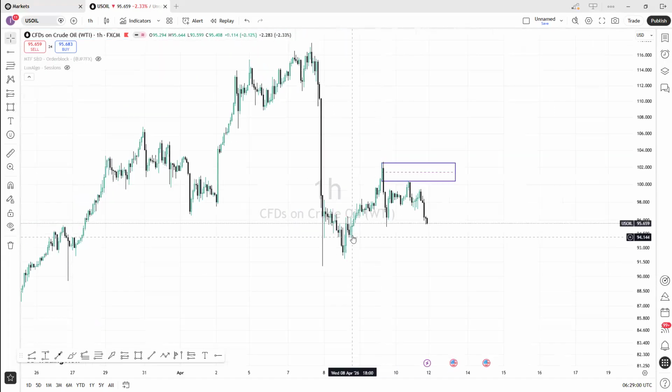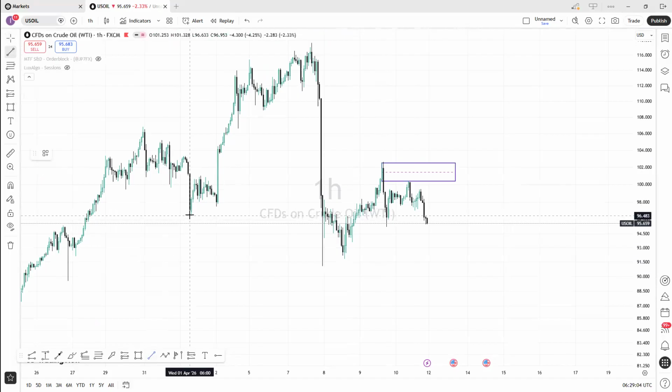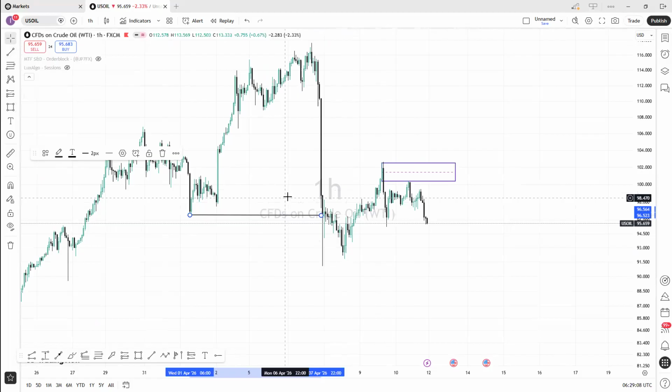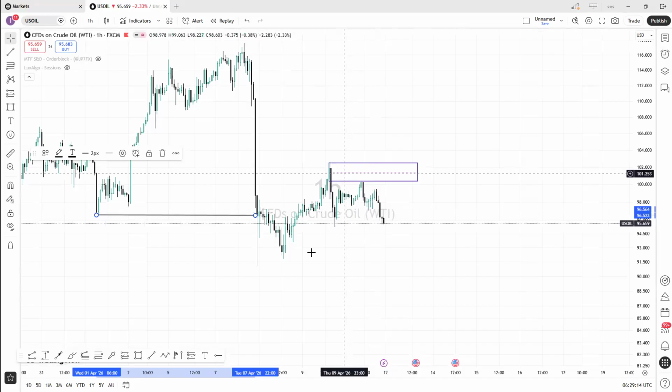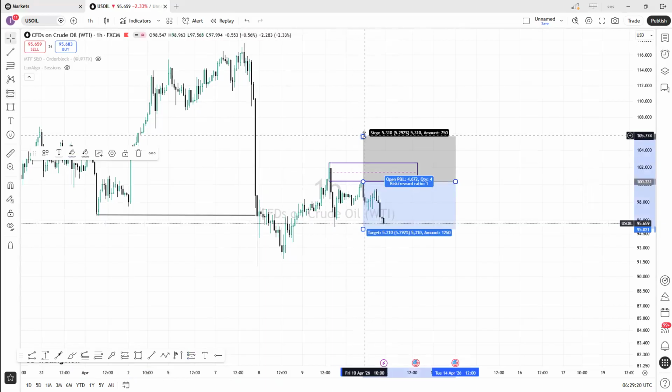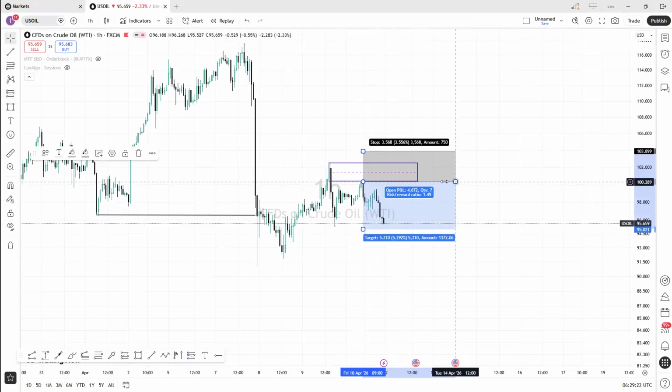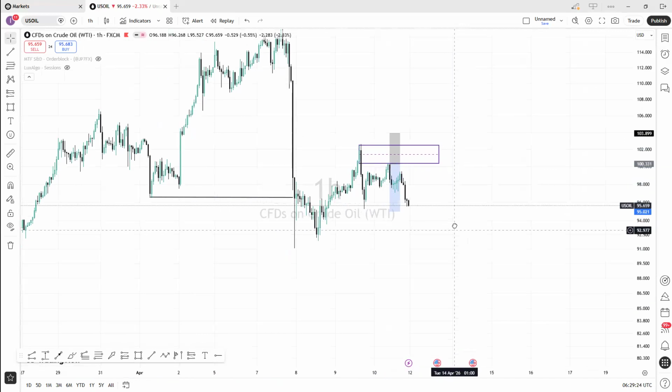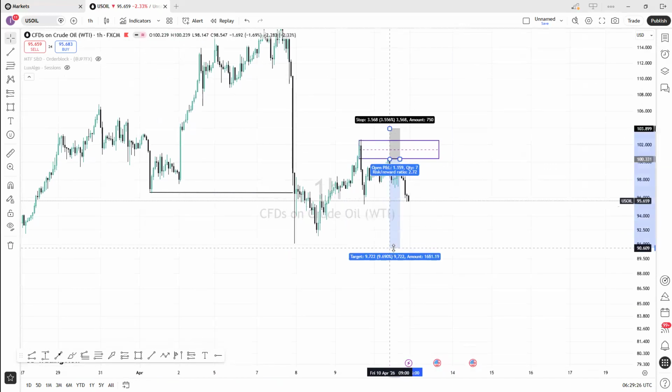Technically here we have this structure, this break of structure, which means continuation of the downtrend. You can see mitigation of that 1 hour order block here. So the target is these lows.